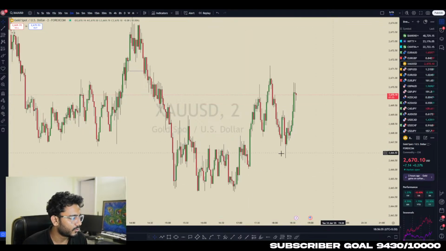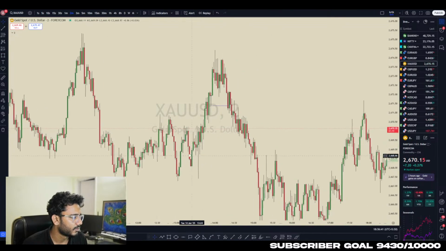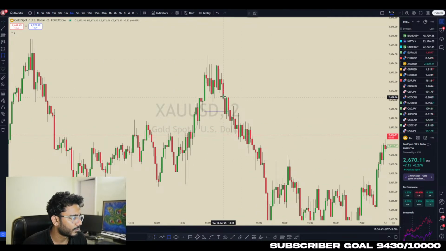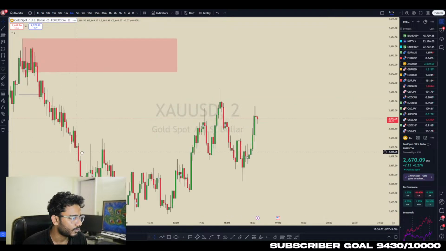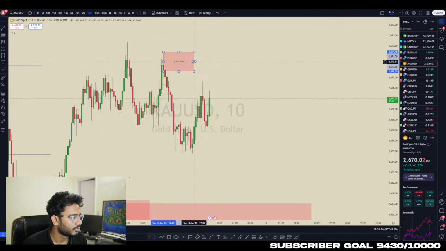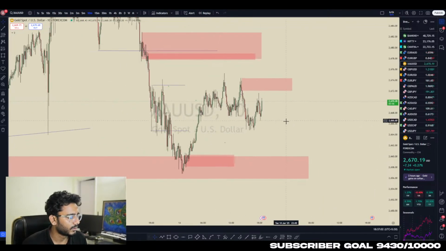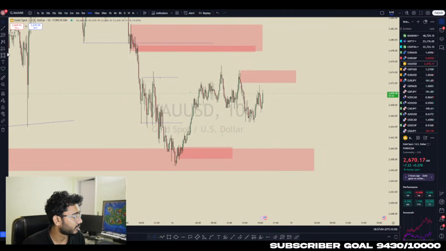On gold, we have this order block here, but the probability is low because it has already been mitigated. So it's the second tap where price can go to the downside. This is the order block which swept this high, so we can mark this whole move.